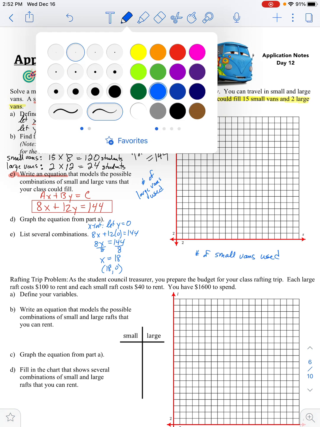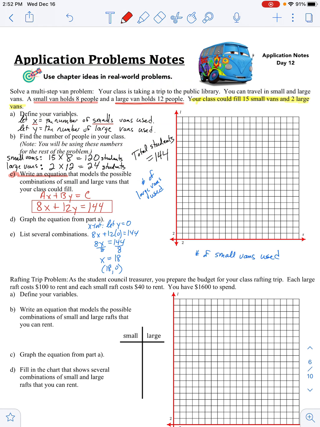I am also going to look to find the y-intercept. And that y-intercept is going to be found by letting x equal 0. And if I do that, I get 8 times 0 plus 12y equals 144.